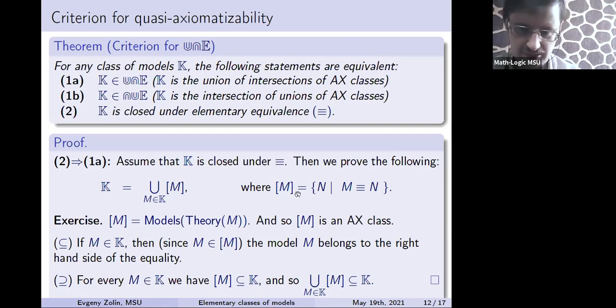An equivalence class cannot be split, with part of it belonging to K and part of it belonging to the complement of K. So you can simply apply this argument to the complement of K. So either you can prove directly like this, or you can simply apply the previous statement to the complement of K. There are two ways to prove it.